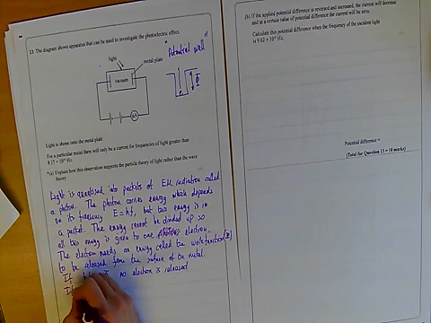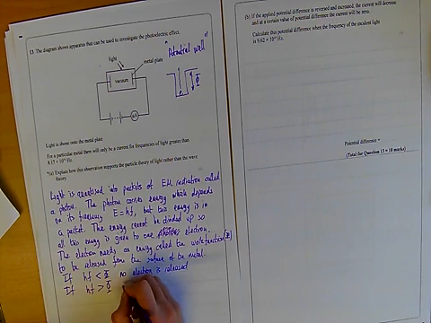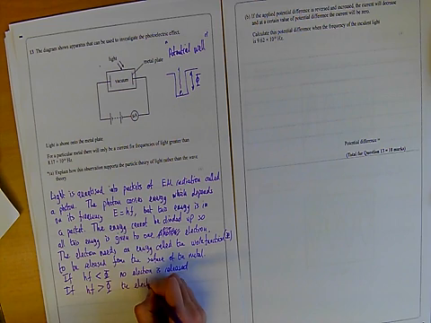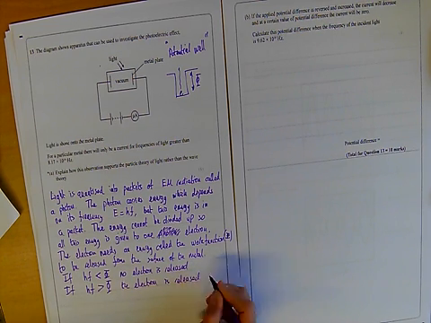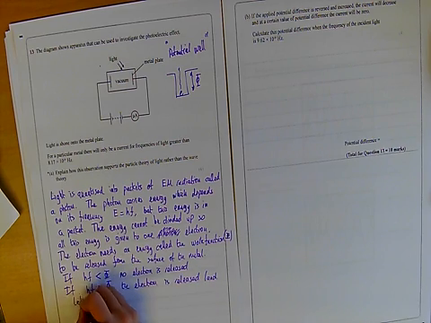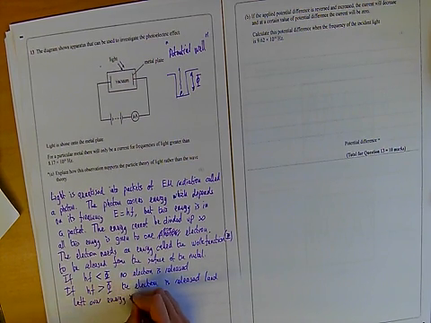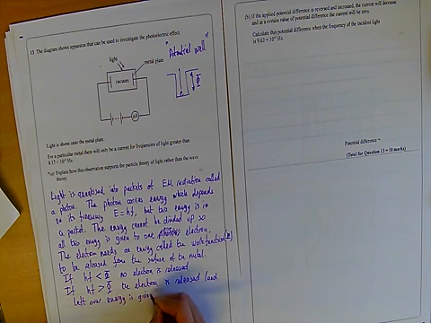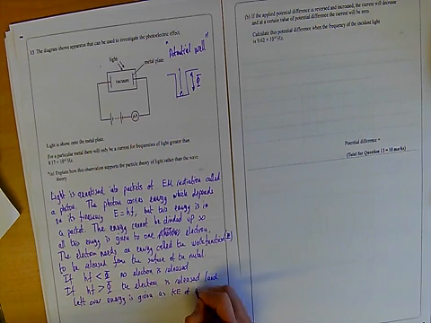If hf is greater than phi, the electron is released and the leftover energy is given as the kinetic energy of the electron.